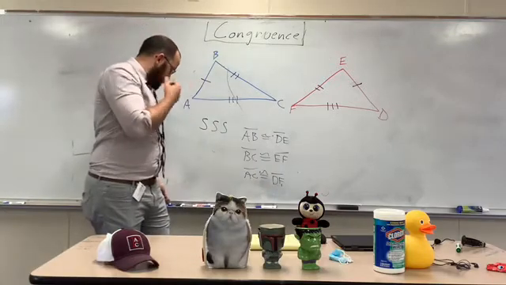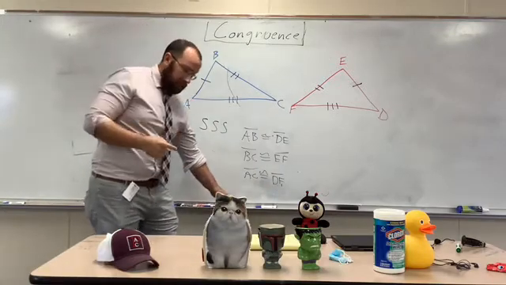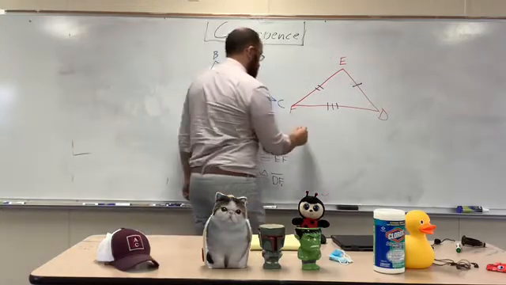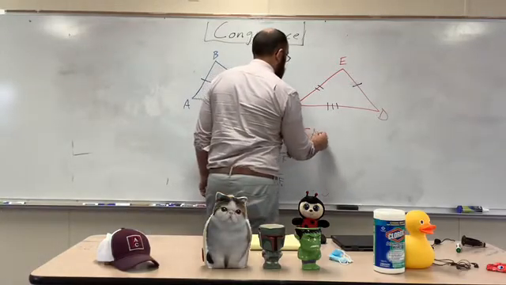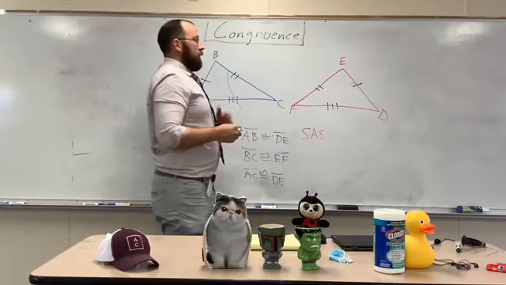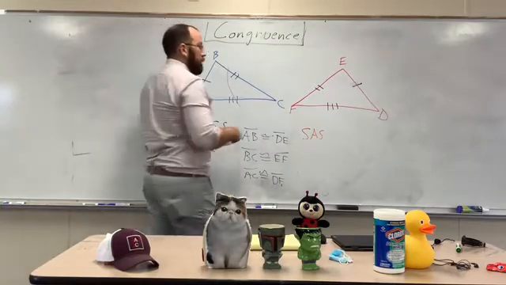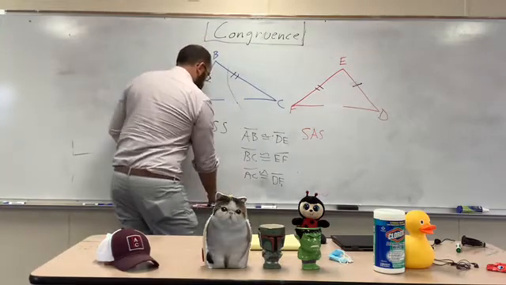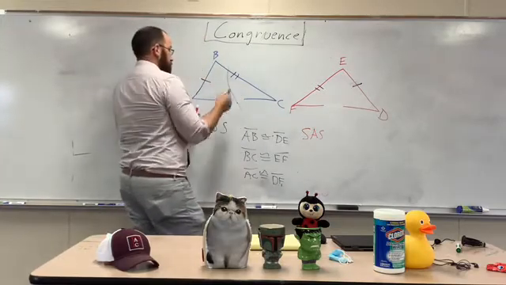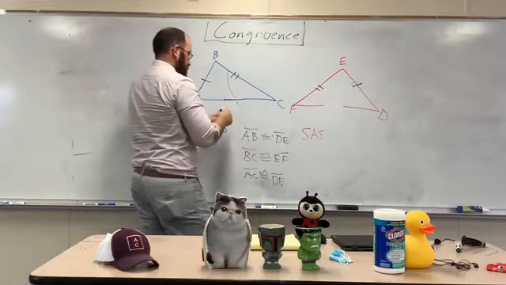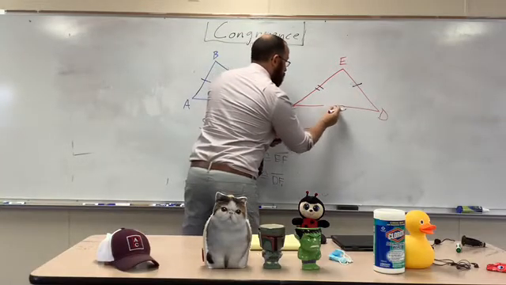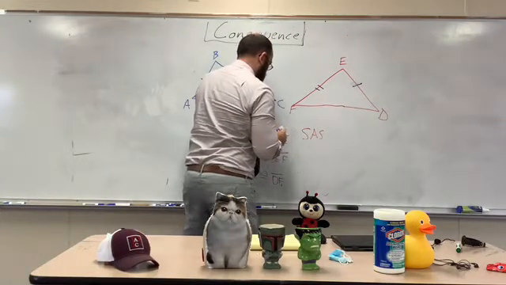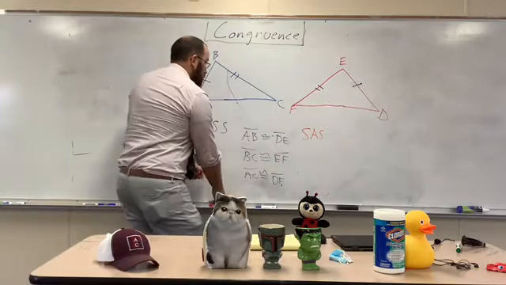All right, I'm just going to go into the next one before I erase all this. So side, angle, side. SAS, side, angle, side. So I'm going to take away that, I'm going to take away that, I'm going to fix my lines. All right.